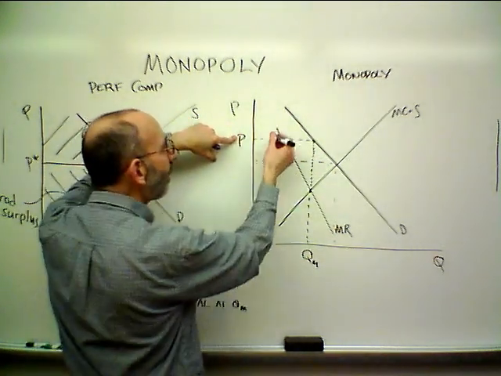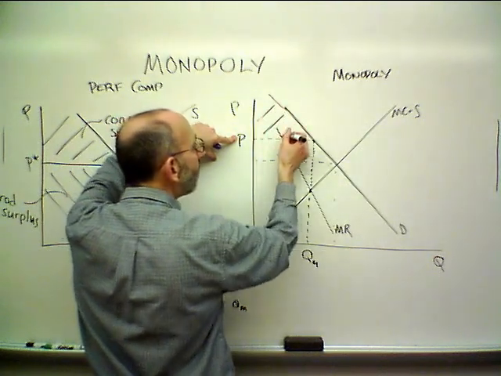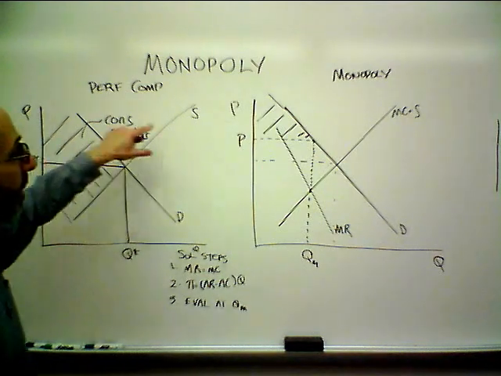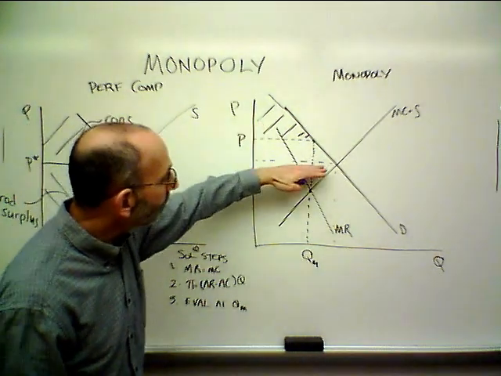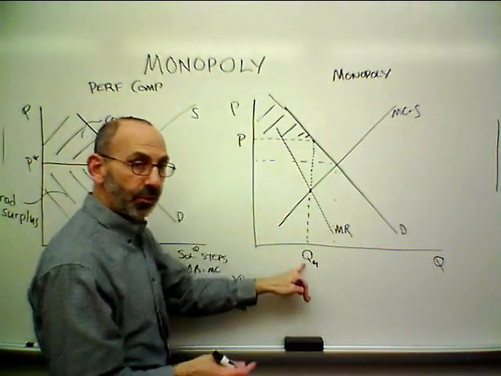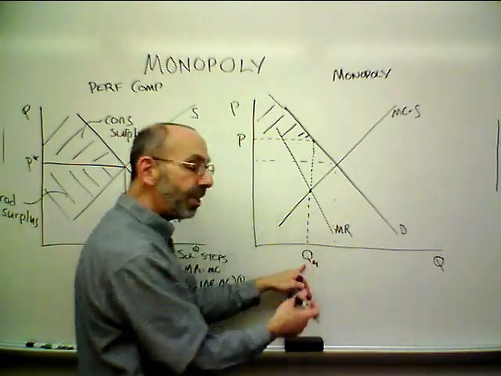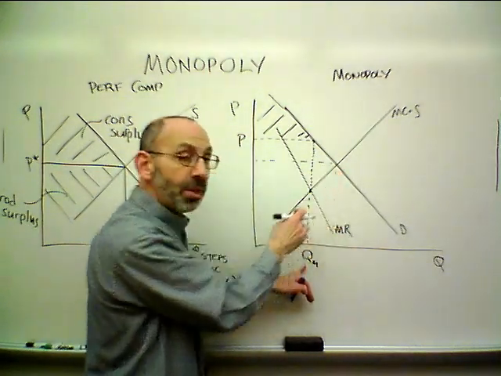If that's the prevailing price, then the difference between the demand curve and the price paid shrinks from this large area to that smaller area. And the producer surplus, which would have been this area here, changes. First, because we don't go beyond Q sub M. There's no incentive for this company to go beyond Q sub M because at this point, marginal cost would be greater than marginal revenue.